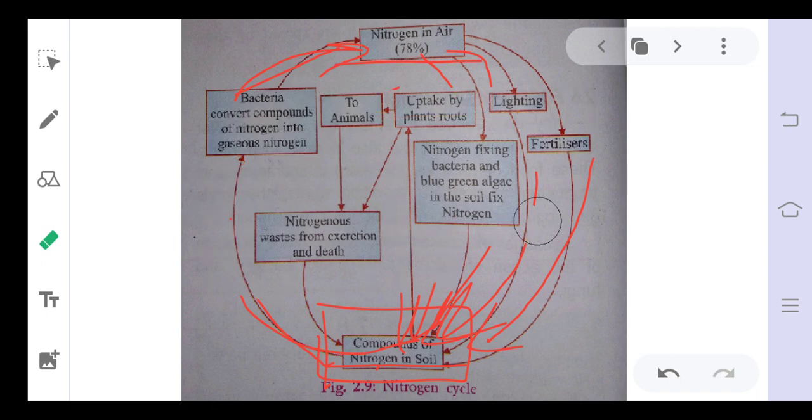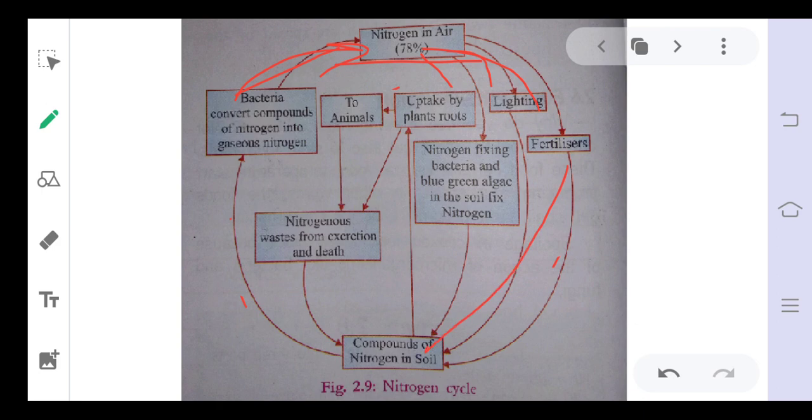We will discuss this cycle. First, nitrogen is converted into nitrogen compounds by lightning and thundering and comes into the soil. Now it is taken up by the plant roots, then these plants are consumed by the animals, and the animals release it again as nitrogenous waste through excretion and death.